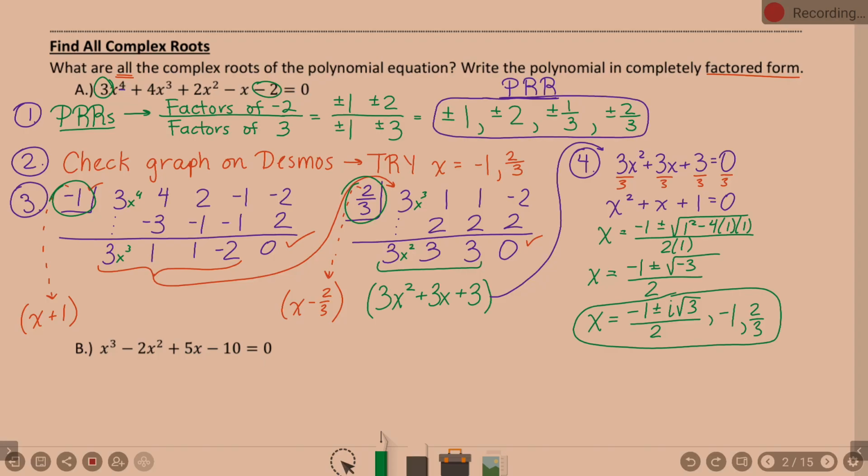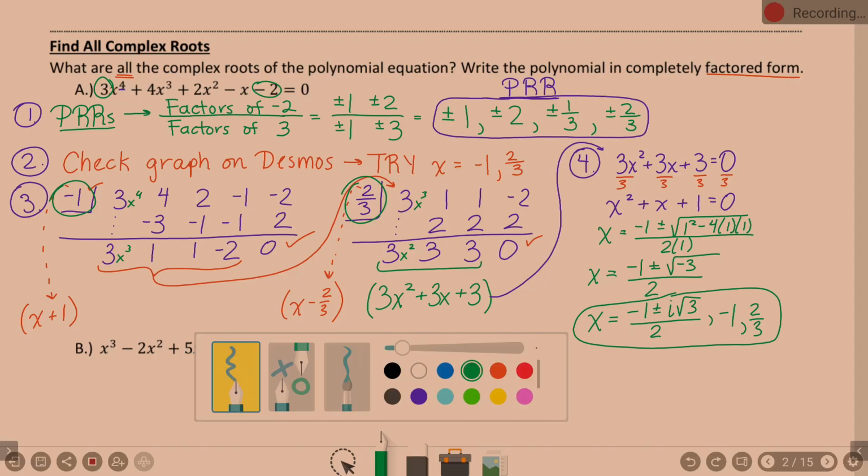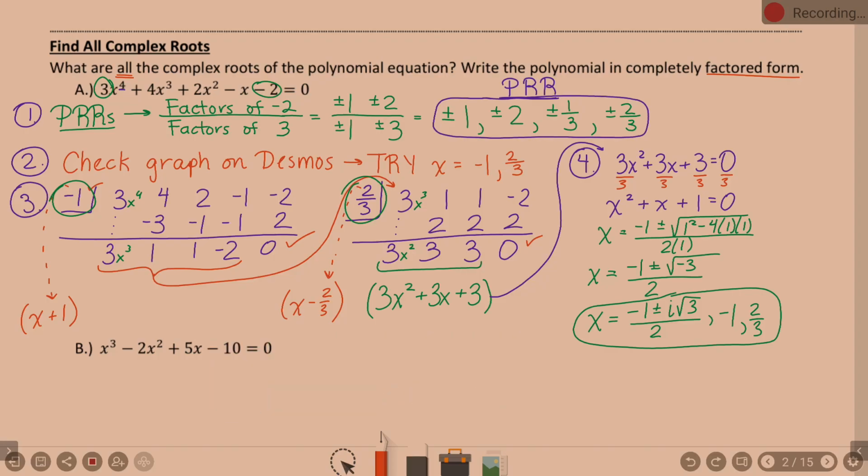So right here, folks, these are my roots, or my solutions. It asks me to find all complex roots. Real quick, it also asks me for factored form. Okay, I'm going to squeeze my factored form in up here.